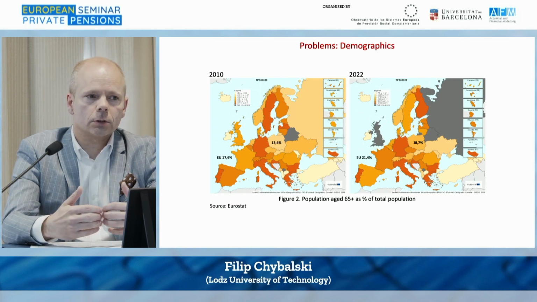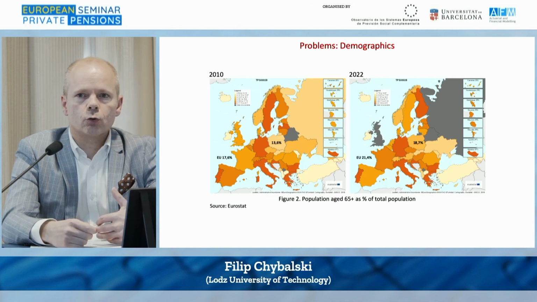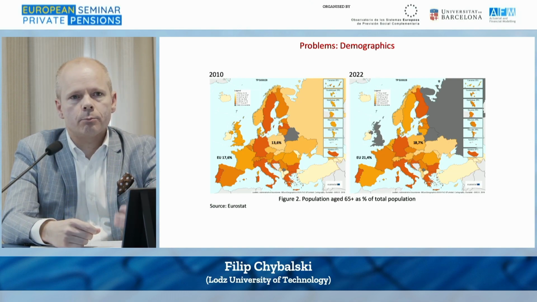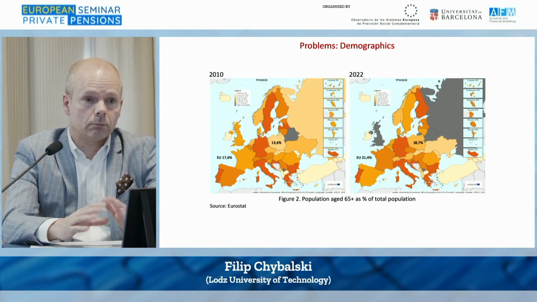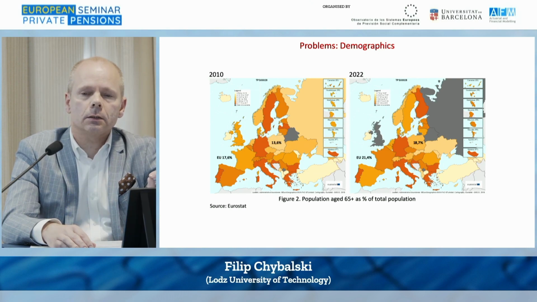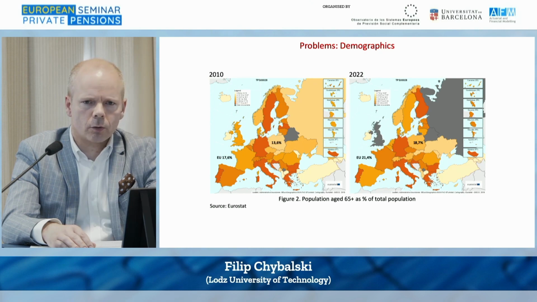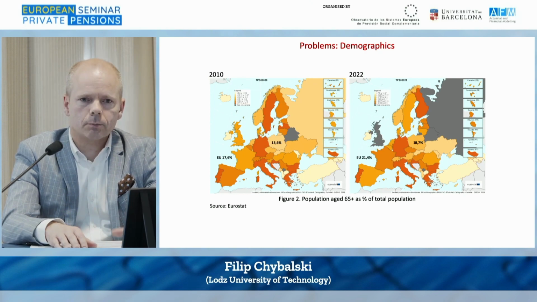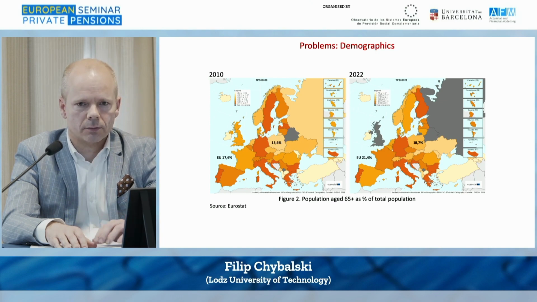The second solution is to improve labor productivity. It's, for example, a very important and serious problem in Poland. That is why I define three main problems, in my opinion. Demographics, which is an obvious problem, labor market, which is the second problem, and investment, which is the third problem.